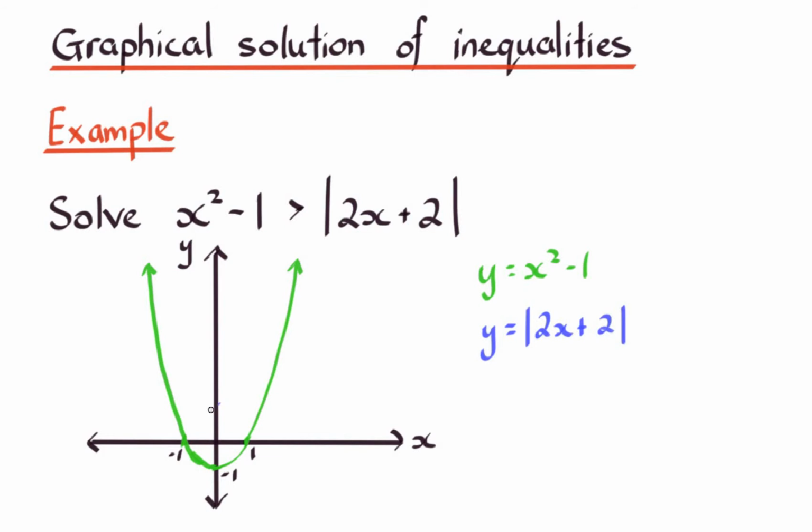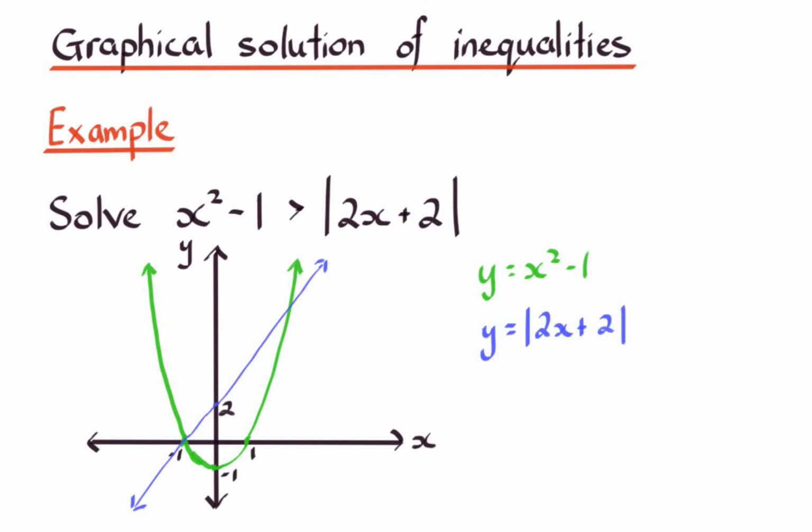So we're cutting through at 2, and if it has a gradient of 2, that means rise 2, run 1. It's also going to cut through minus 1. So let's draw a straight line that goes through those points. Okay, straight enough, right? And that was 2.